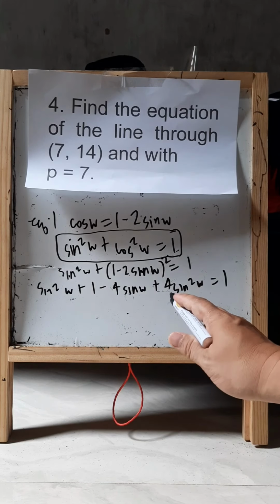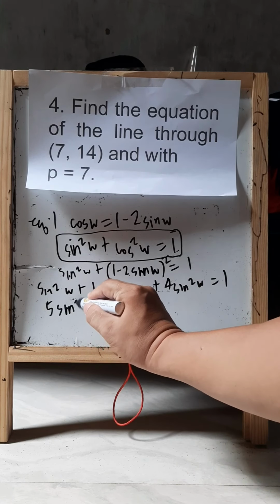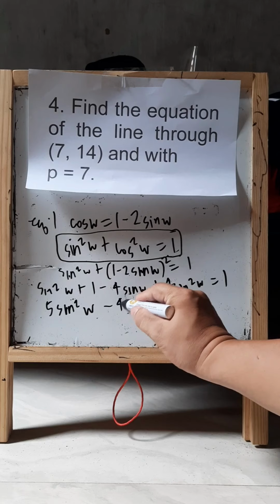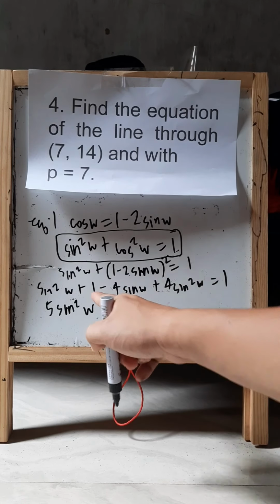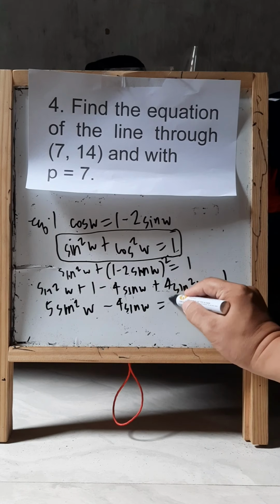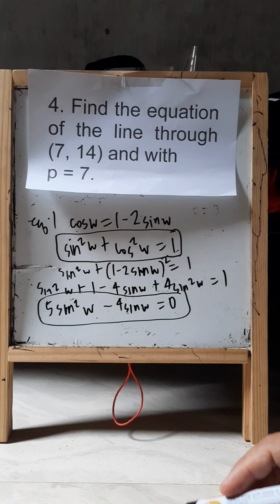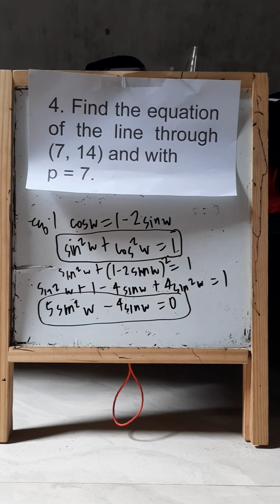So from here, let us add 4 sine squared w and sine squared w. That is 5 sine squared w minus 4 sine w. Then we subtract 1 minus 1, which equals 0. So as you can see, this equation can be solved using quadratic equations by factoring: 5 sine squared w minus 4 sine w equals 0.